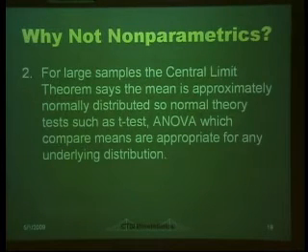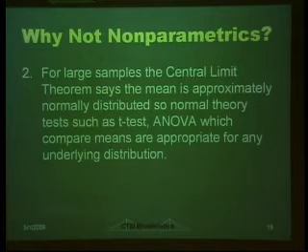Okay, a second reason not to use non-parametrics, a big reason, is to be careful using them with small sample sizes, because we can be somewhat misled. If we have large sample sizes, well, the central limit theorem, which says that the mean has an approximate normal distribution for large samples, sort of the basis of statistics, says that these t-tests, analysis of variance, all these ones that assume normal distributions are going to work for us.